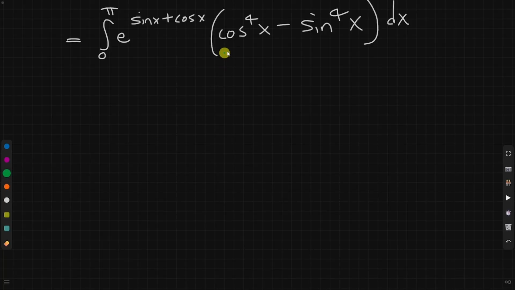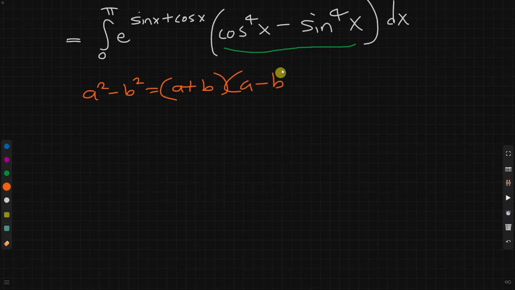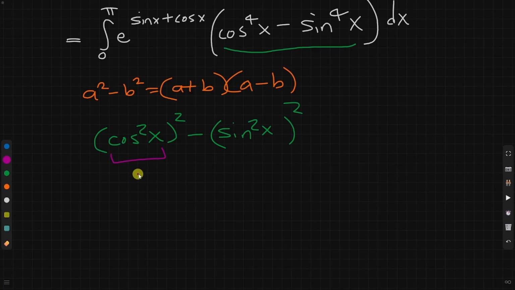To simplify this, we have to notice that we have a difference of squares. Recall that a squared minus b squared is equal to a plus b times a minus b. And in this case, we can rewrite this whole expression as cosine squared x squared minus sine squared x squared. So this is a and this is b.